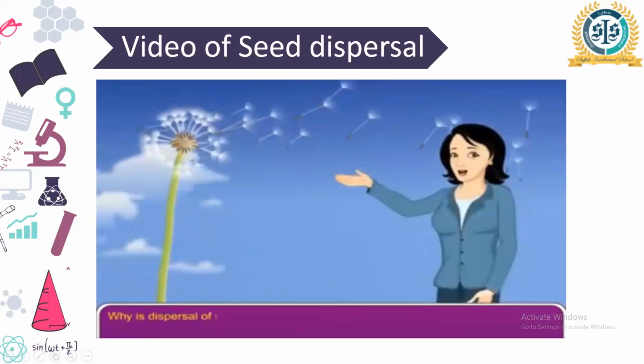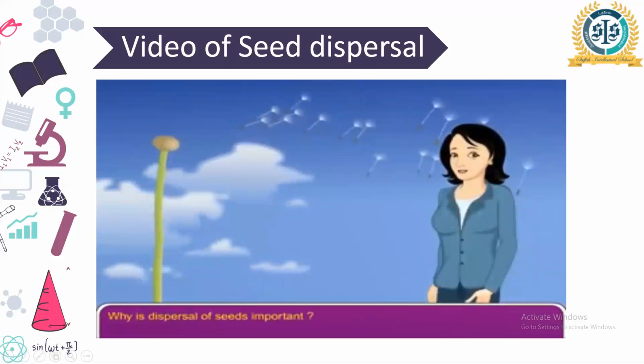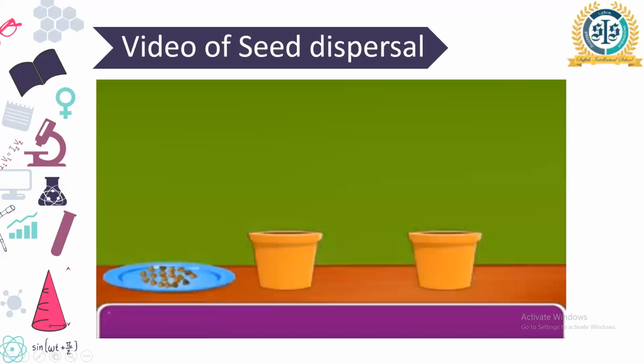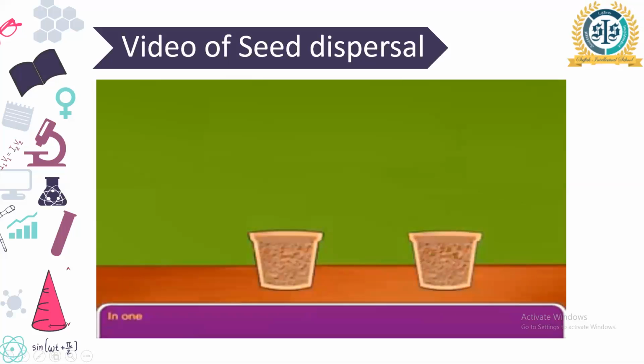Why is dispersal of seeds important? Let us perform an activity. Take a few gram seeds and 2 pots. Fill both the pots with garden soil. In one pot, sow 2 or 3 seeds only. In another pot, sow 20 to 25 seeds very close to each other.